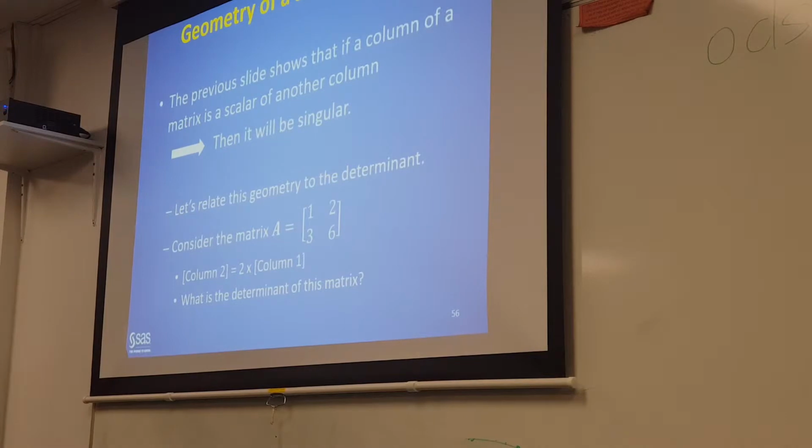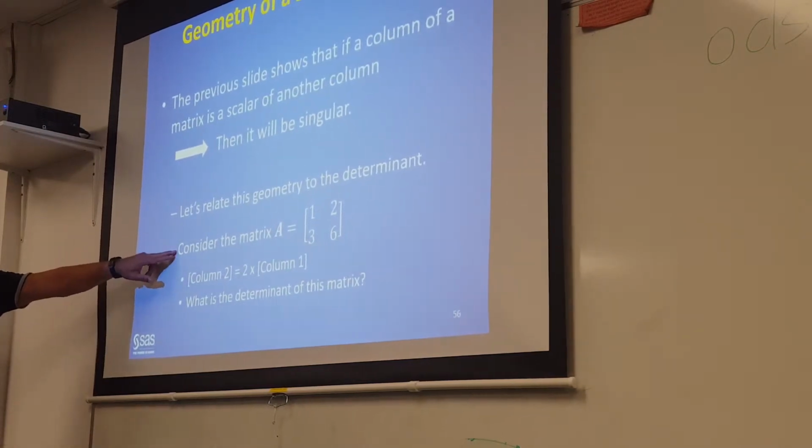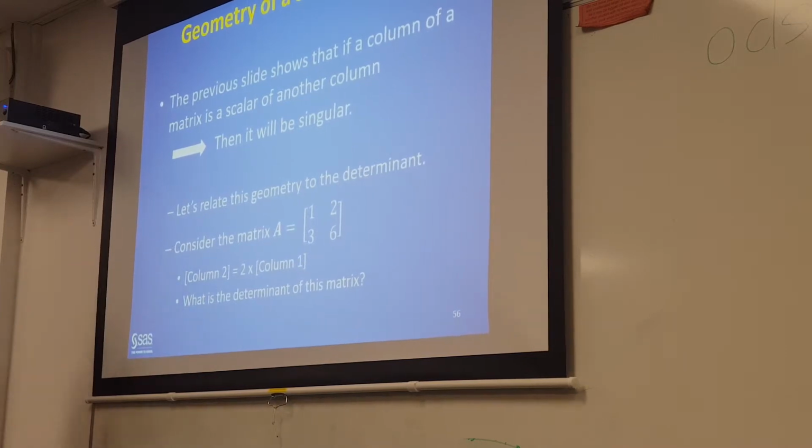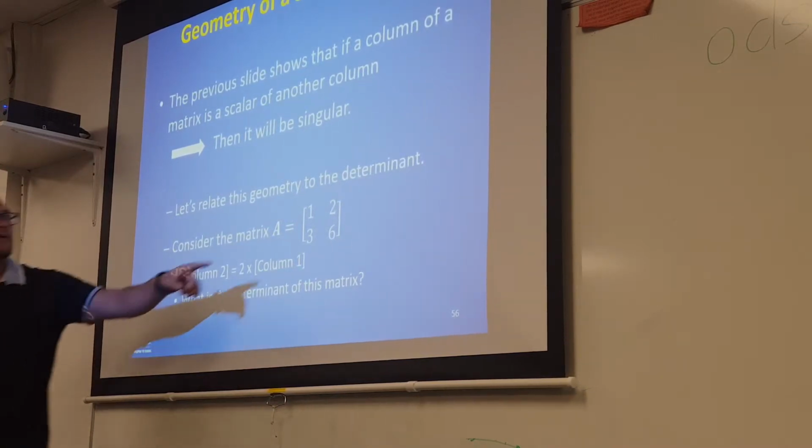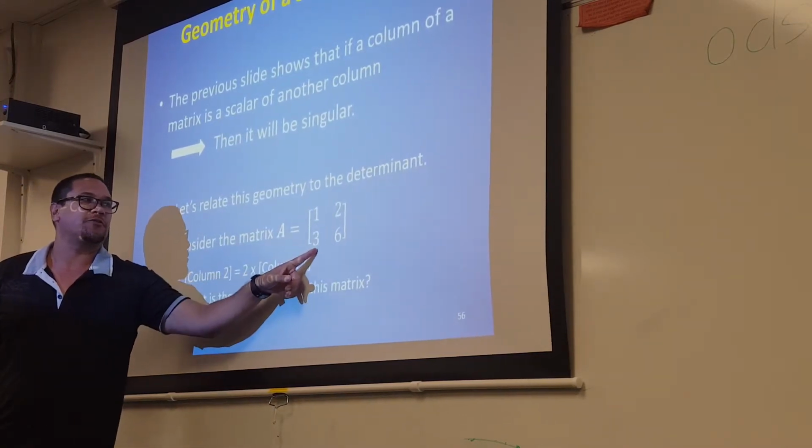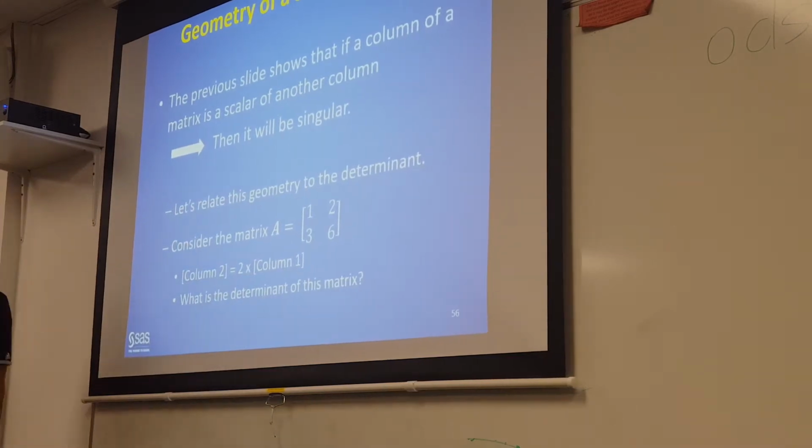Okay? So, what have I just shown you? That if a column of a matrix is simply a scalar multiple of another column, then that matrix will be singular. You cannot invert it. And we've already done this. Thanks to Arco, he said, let's look back to this matrix here with respect to the determinant. 1, 6, 2, 3, the determinant is 0.